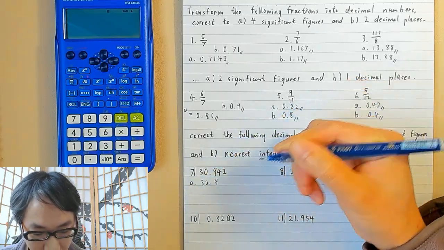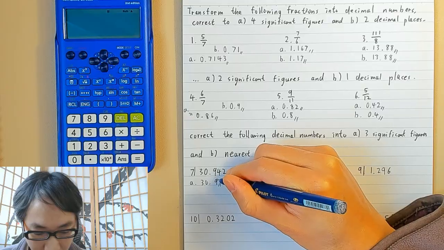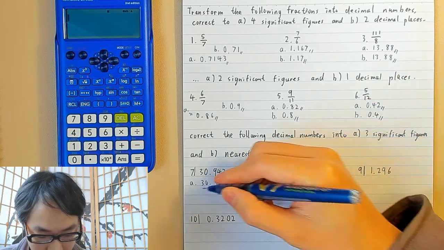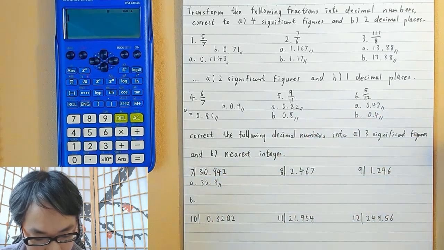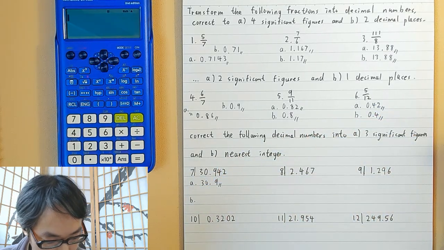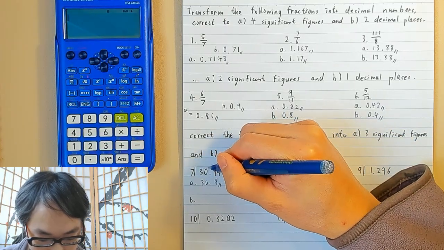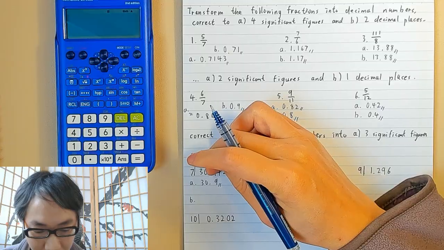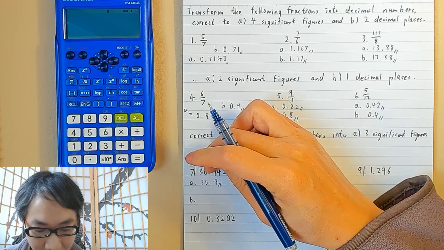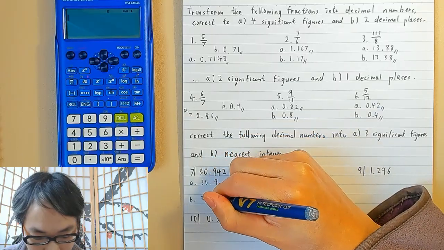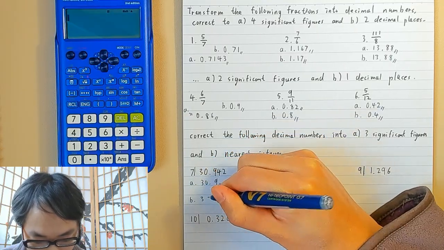The next figure is 4, so use 9 here. And then for the nearest integer, the integer is the digits at the left of the decimal dot. So correct to 33 something, and this has to be 1.